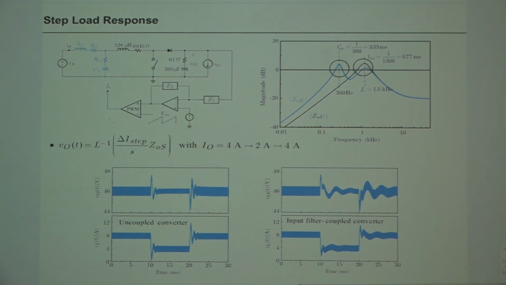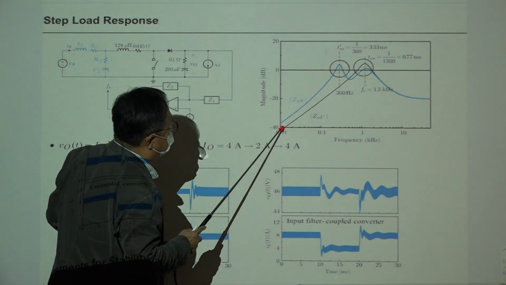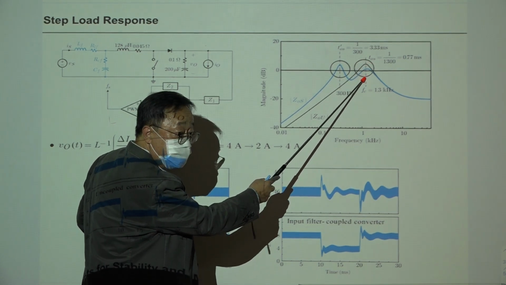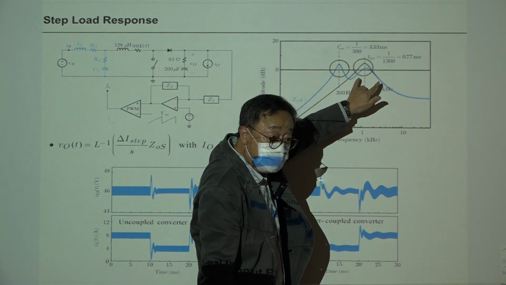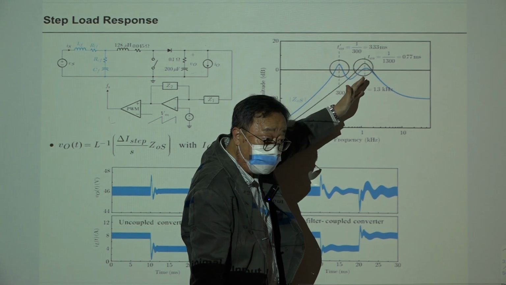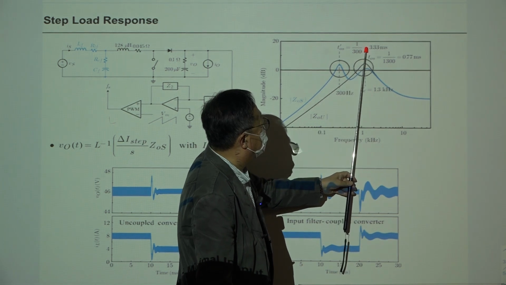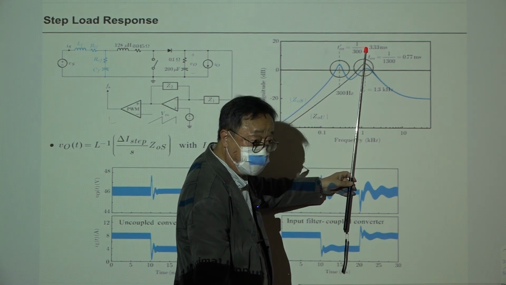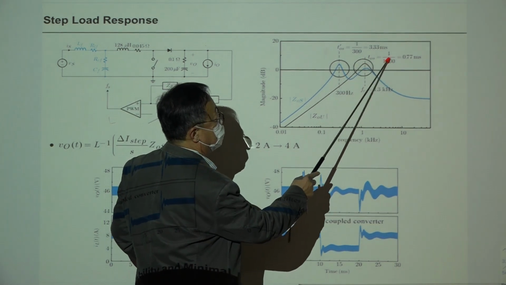Because of that, this shows some oscillation, and this oscillation is directly related with this, the uncoupled converter output impedance, which shows this peak, right? So this peak is narrow, so it has some peaking, so some oscillation will be generated. The oscillation occurs at this frequency, then the oscillation period is predicted from this equation.